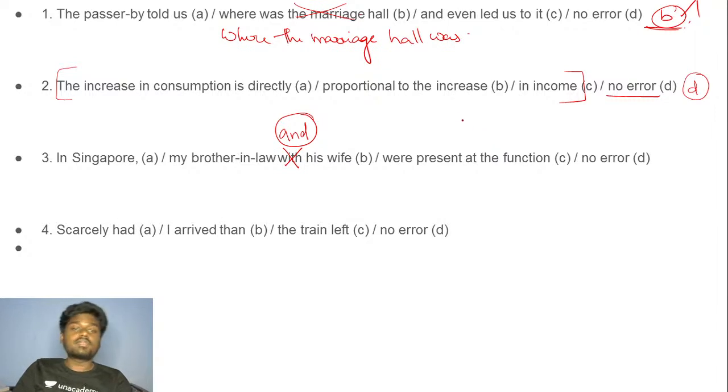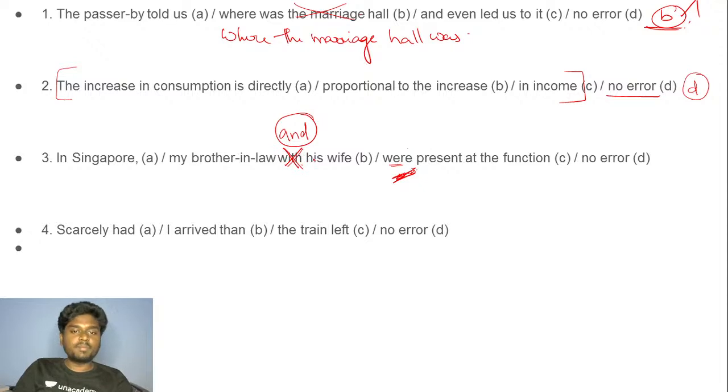You can also think like what? In Singapore, my brother-in-law with his wife, if you try to replace this were with was, the construction would be awkward. Don't replace were with was. Simply retain were and try to replace this with.